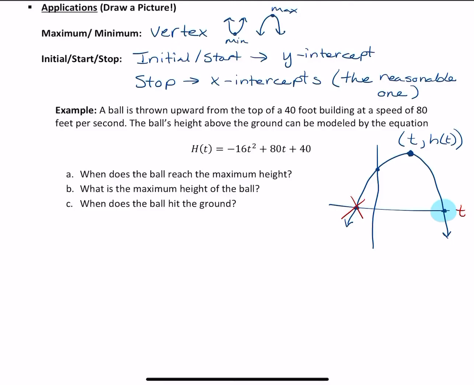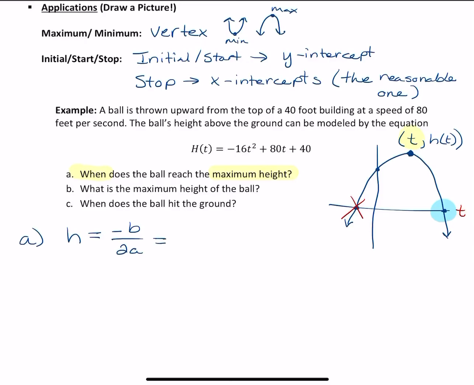So when you start this, let's just look at A. When does the ball reach the maximum height? Well, the time of the maximum height is going to be the time of your vertex. So what that is asking you to find is h. And recall that's negative b over 2a.